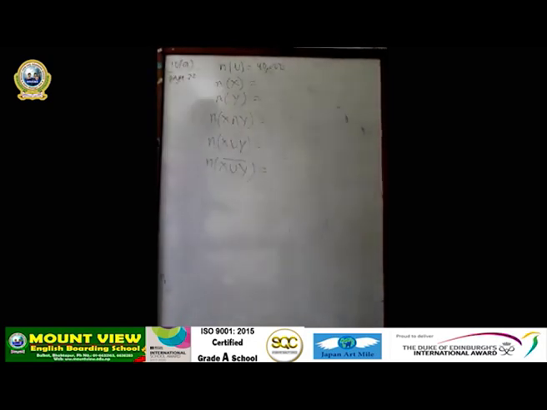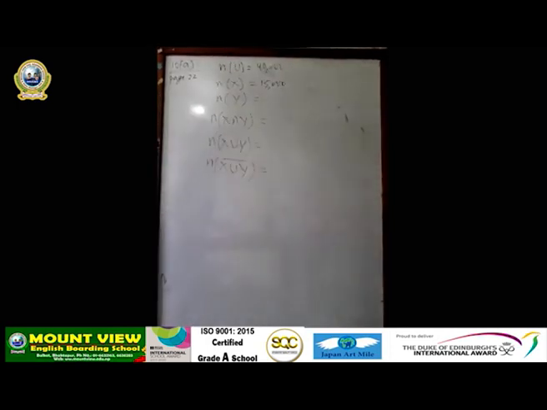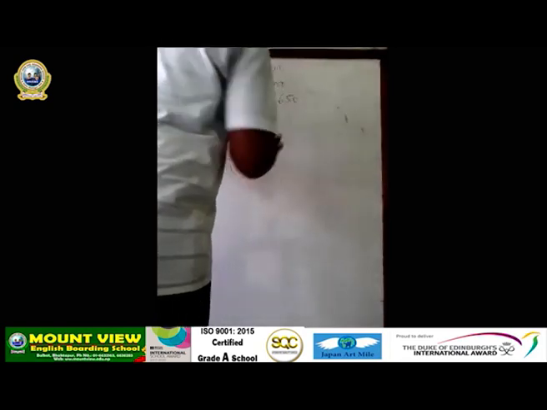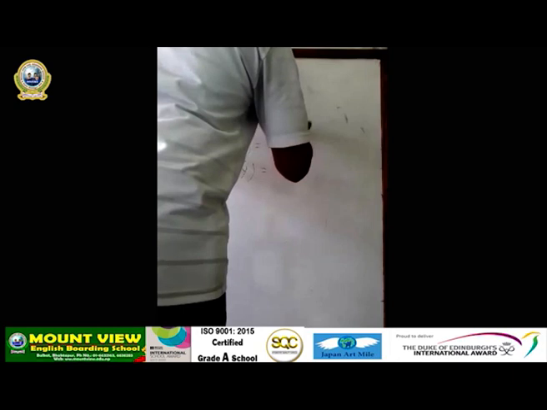Look, how many votes got by X? X means 15,000. Votes by Y is 23,650. And both, 350.